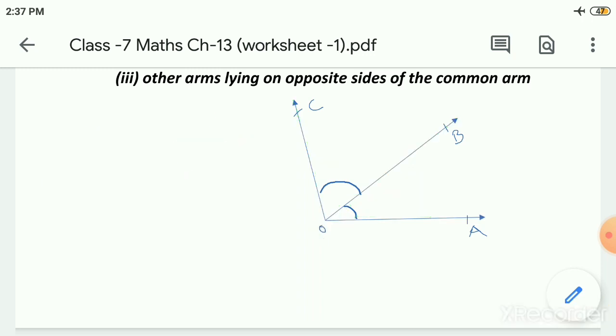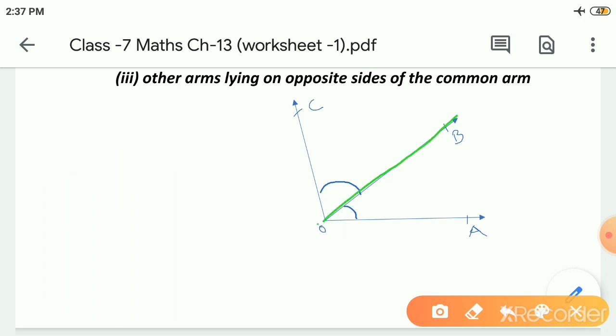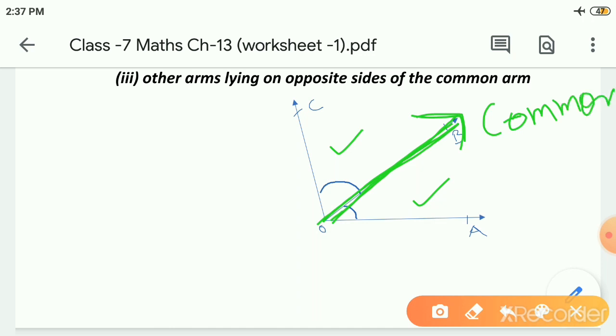Now they have the common arm, the second point. This middle arm is needed for both the angles when we are forming them. So this ray or this arm is common. It is called the common arm because it is required for making both the angles. And the third point is the other arms.